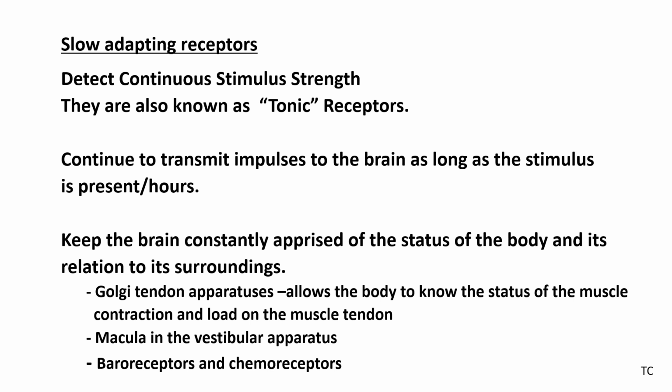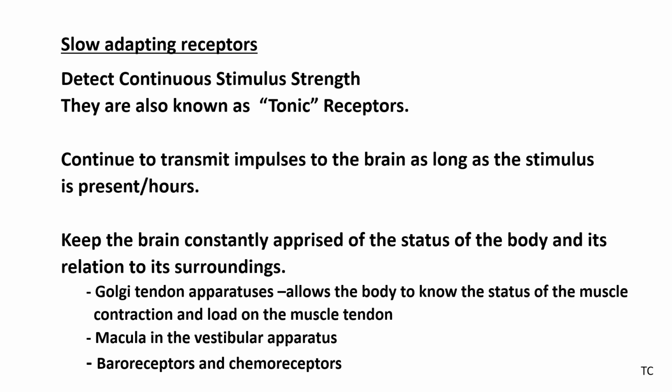You have the slow adapting receptors, and these detect continuous stimulus strength. The rapidly adapting receptors normally detect while the change is taking place. The slow adapting receptors will detect continuous stimulus strength. So they are known as the tonic receptors. They continue to transmit impulses to the brain as long as the stimulus is present.